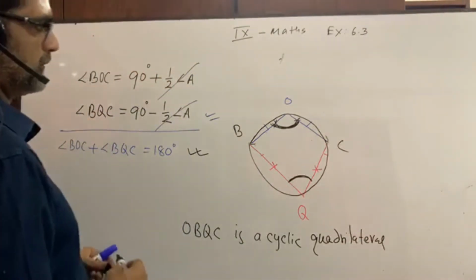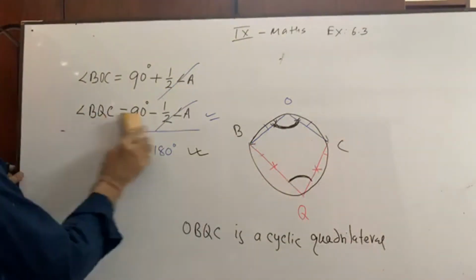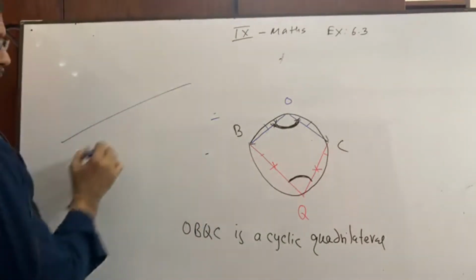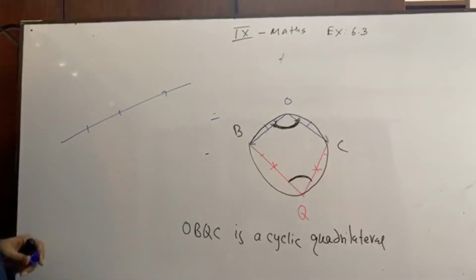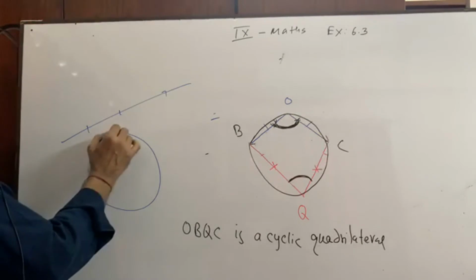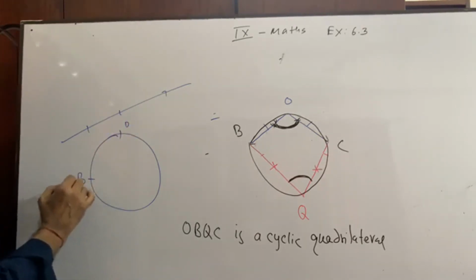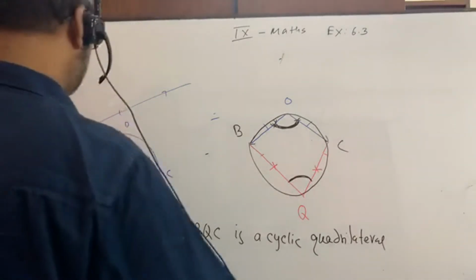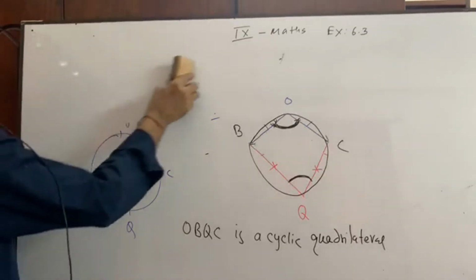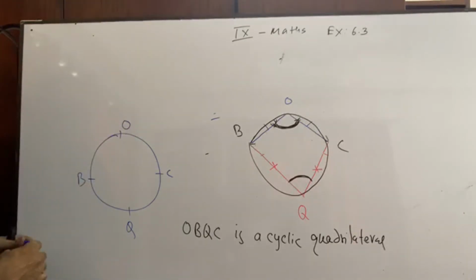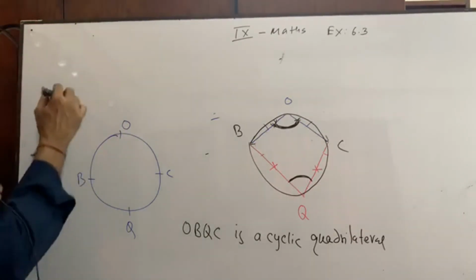Now, can you remember please one thing: when some points, 1, 2, 3 or more points, lie on the same straight line, they are said to be collinear, right? Collinear. But when some points lie on the same circle, O, B, this is Q, this is C, can you tell me what the name of these 4 points is?